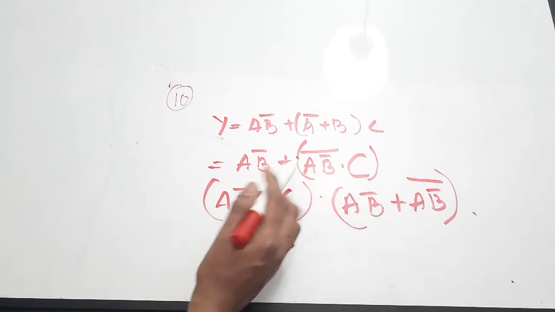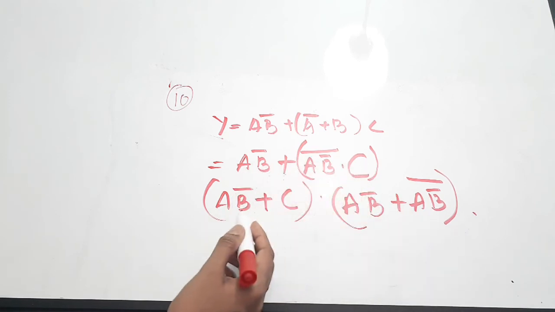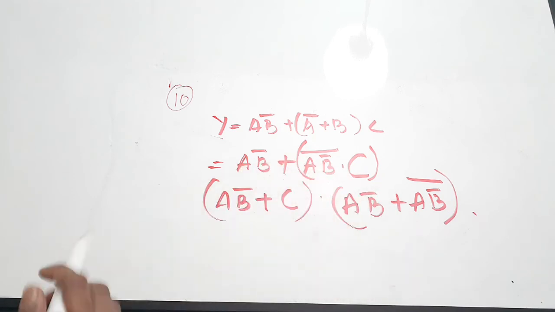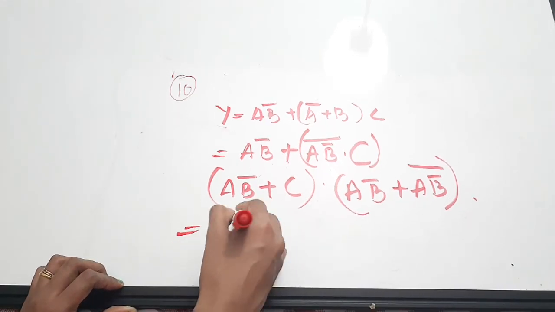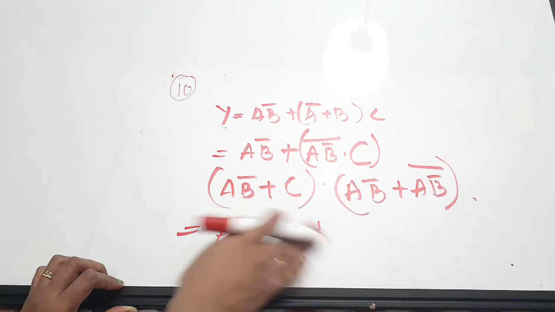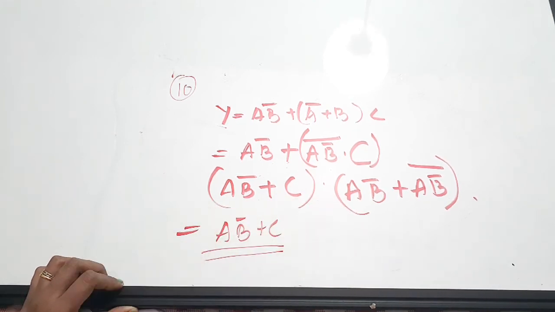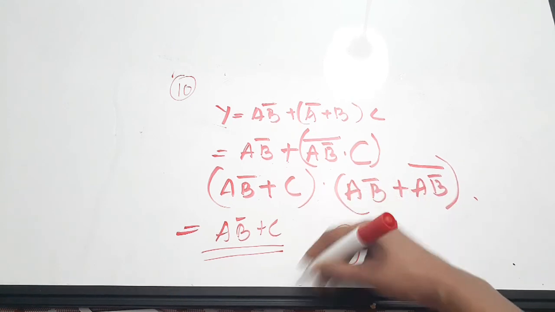That term is here, and the next term is AB complement plus C, and then the product of both those. So this will be your resultant expression. Now it is very easy. That is AB complement plus C, and this is 1 into 1. So AB complement plus C is your expression, and the correct answer is option A.